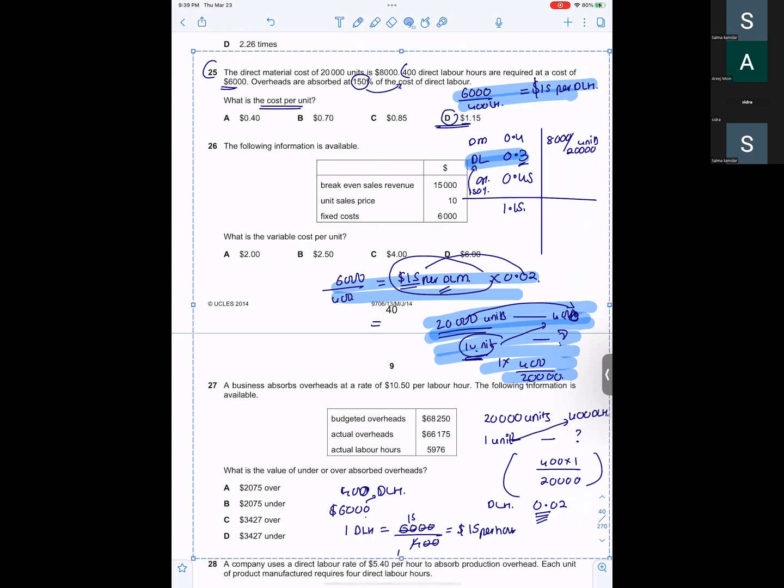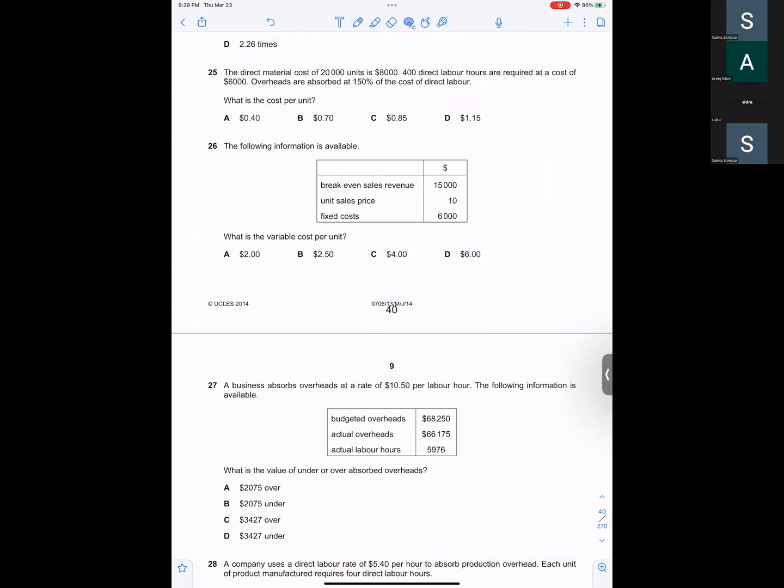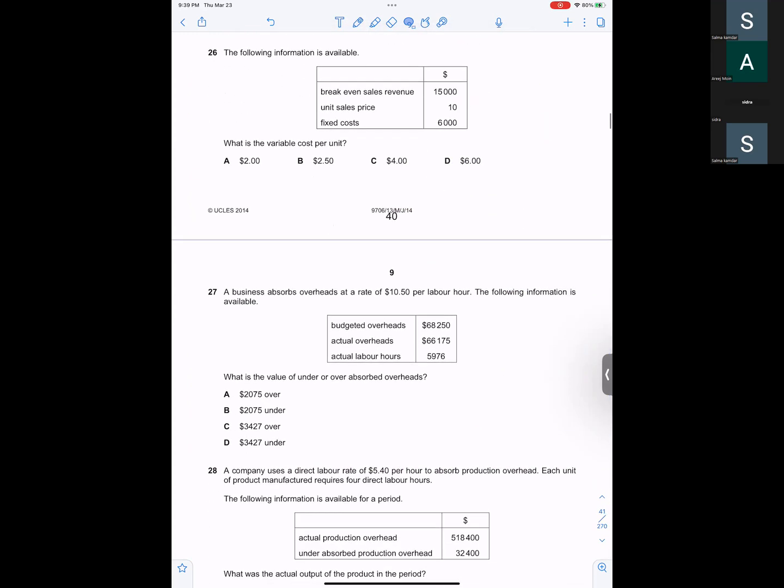Next one, 26. What is the variable cost per unit? Try. Fixed cost is 6,000.